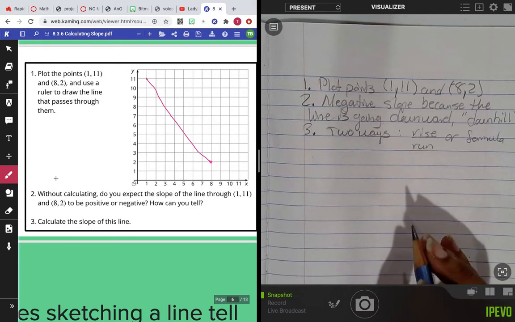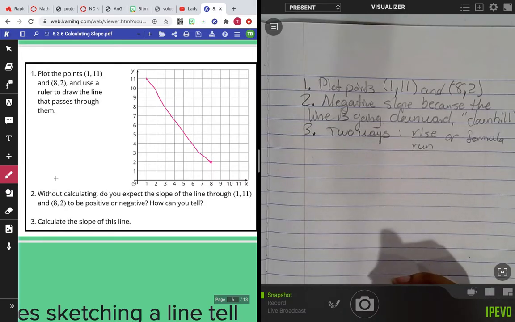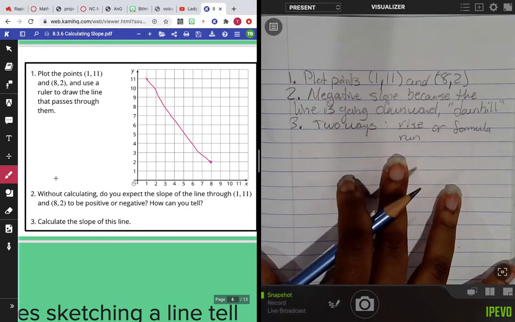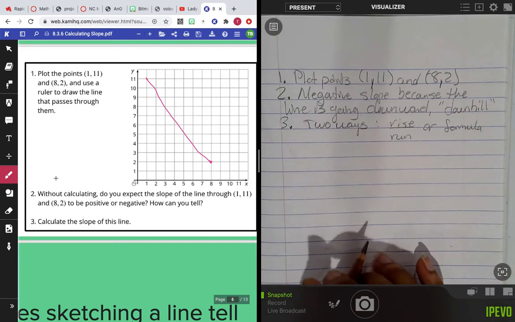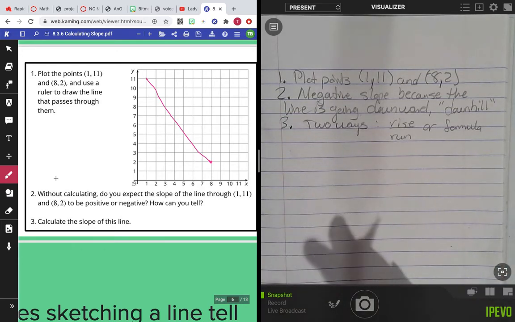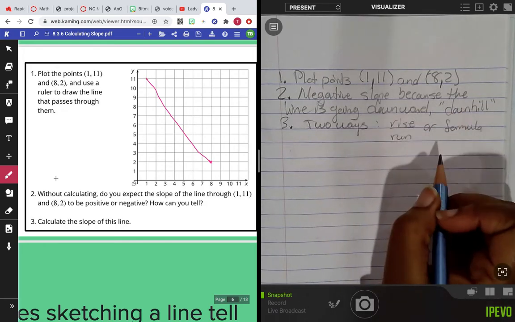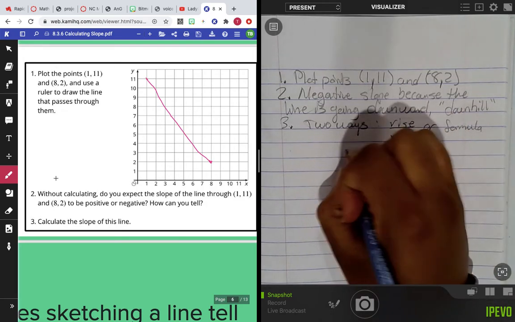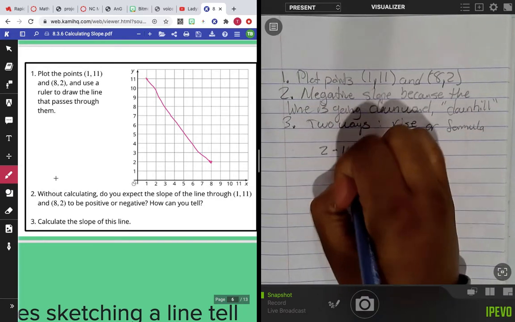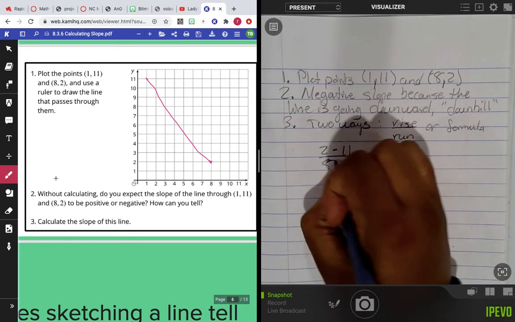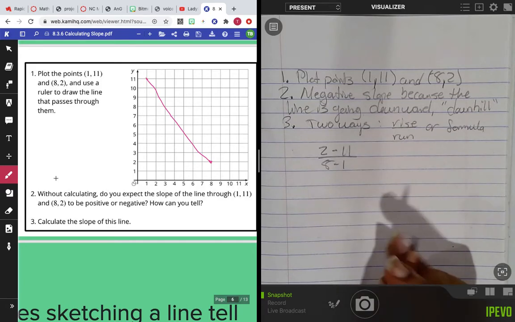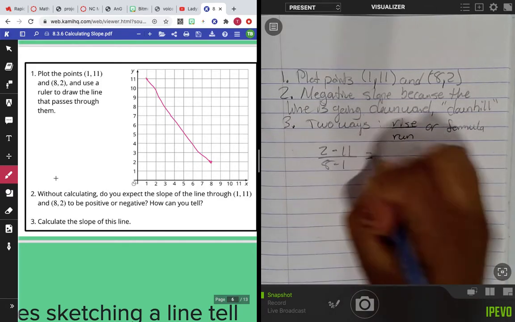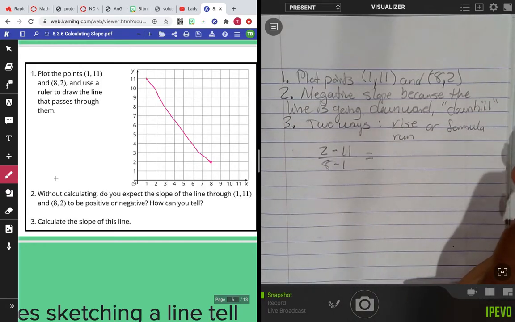So since my graph isn't showing a perfectly straight line, we can use what we've done with the first 4 examples, which is doing a formula that we discovered. So if I do 2 minus 11 over 8 minus 1, that should give me what my slope is. And if I did rise over run, I would have gotten the same thing.